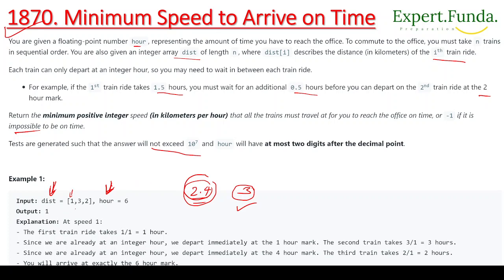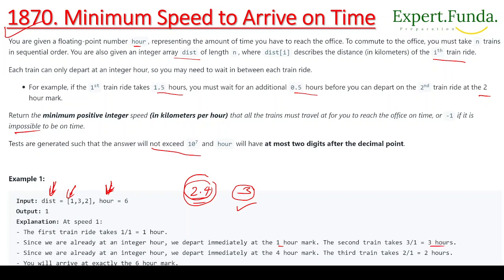That's why you can see here the list and hours we have been given. At speed 1, the first train takes 1 by 1 hours, and since we are already at an integer hour, we depart immediately at the 1 hour mark. The second takes 3 by 1, which is again 3 hours.